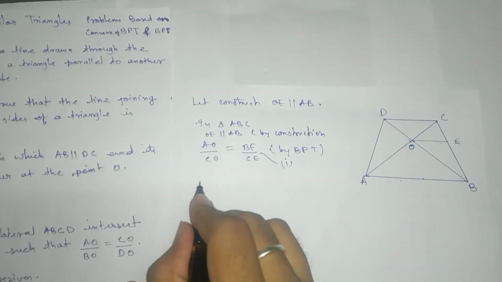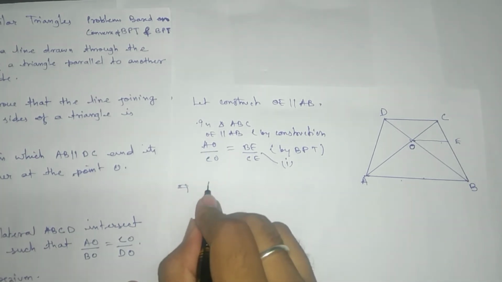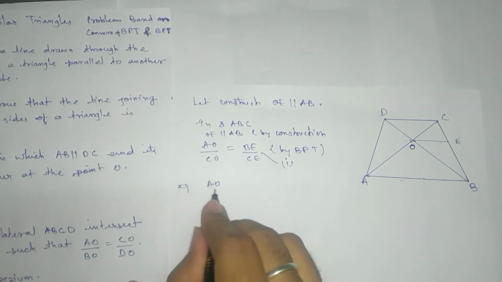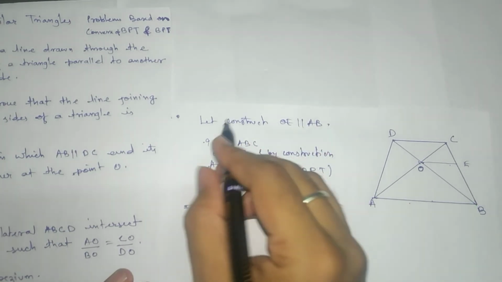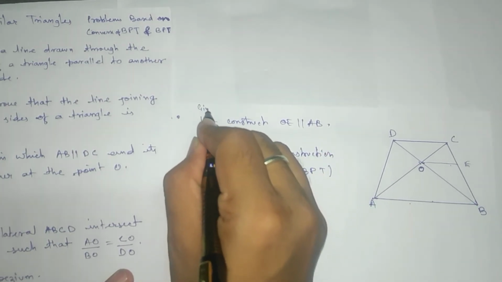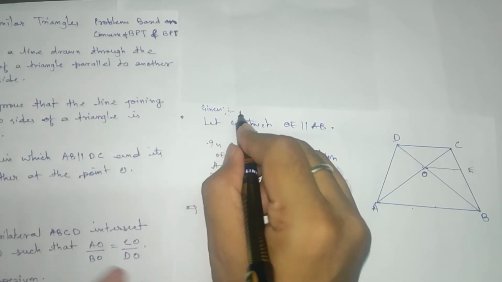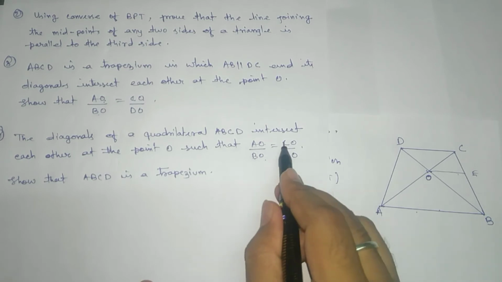We need to mention in the beginning what is given. We'll write here given. What it is given here, that AO by BO equals to CO by DO.